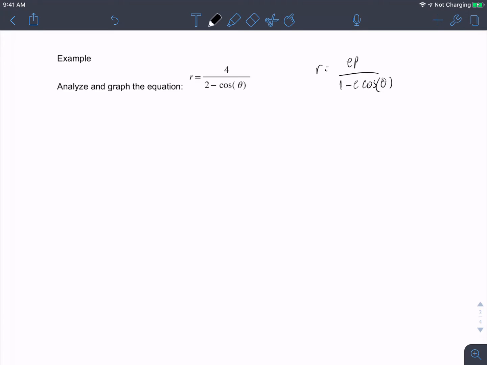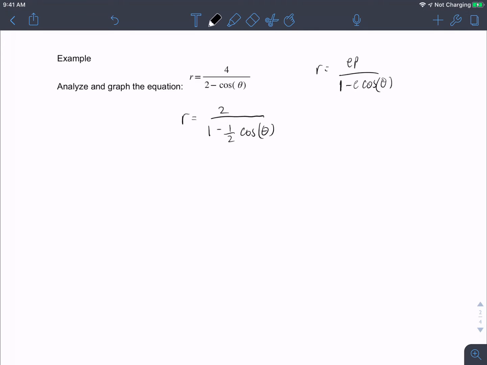The reason is because we're supposed to have a 1 here, and instead we have a 2. And so what we need to do is divide everything by 2 on the right-hand side, top and bottom. So I'm going to get 2 over 1 minus 1/2 cosine theta. And that's the same equation as the one above.